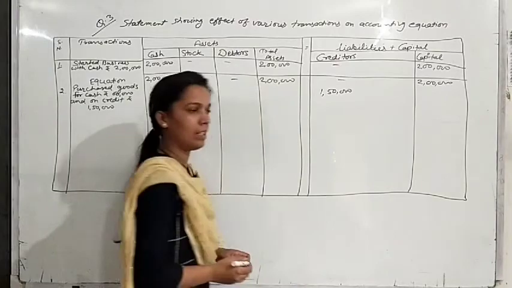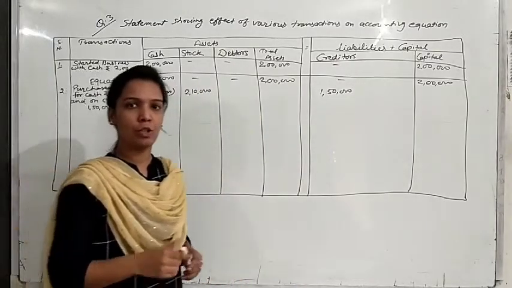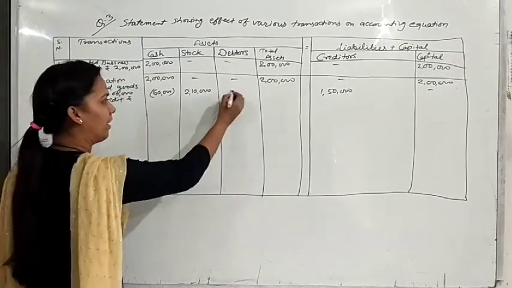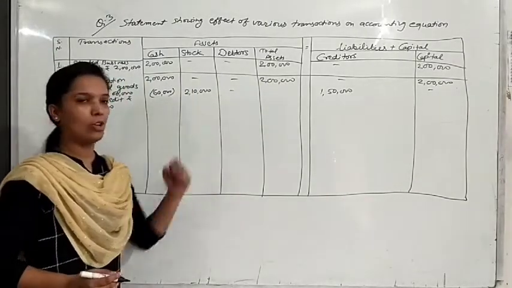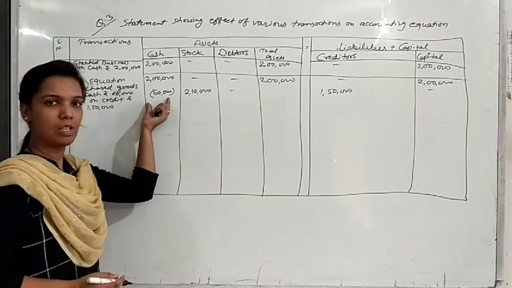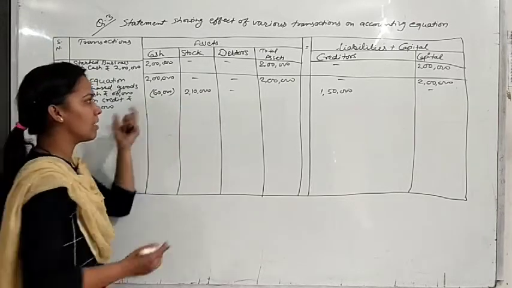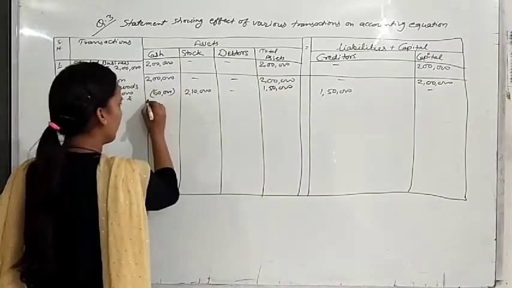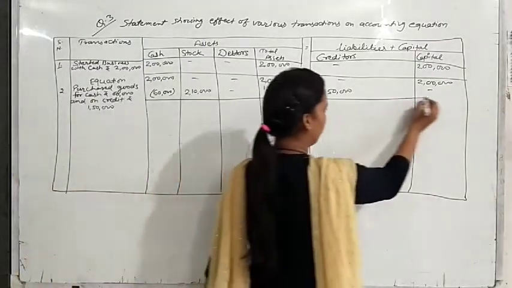This is your liability that in future you have to pay because you purchased on credit. No effect on capital and debtors. Now what is the effect on total assets? 2,10,000 is in plus, 60,000 is in minus. So 2,10,000 minus 60,000, it is 1,50,000. Match the equation.